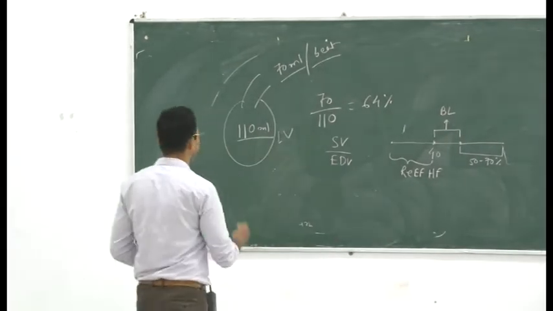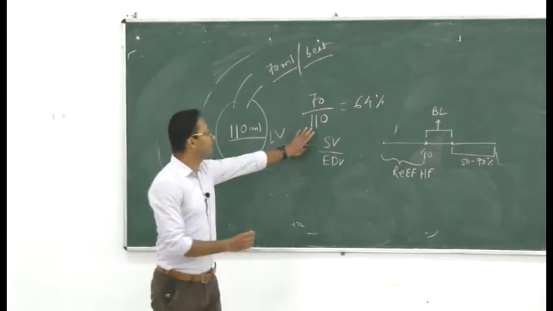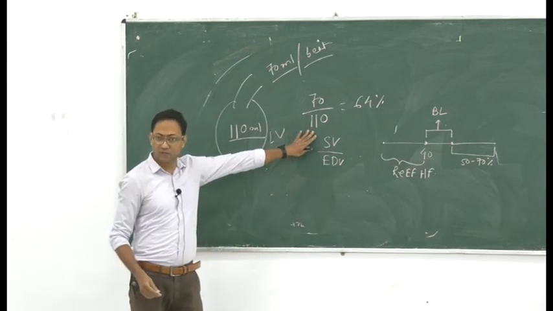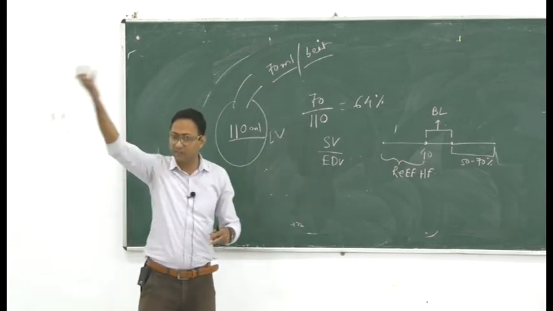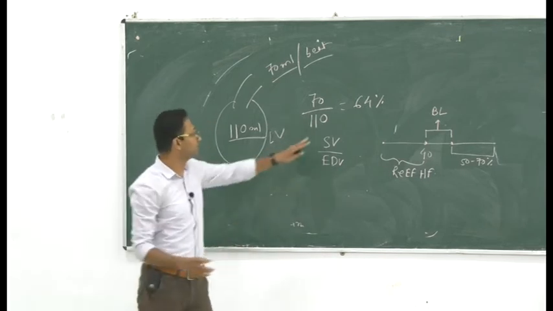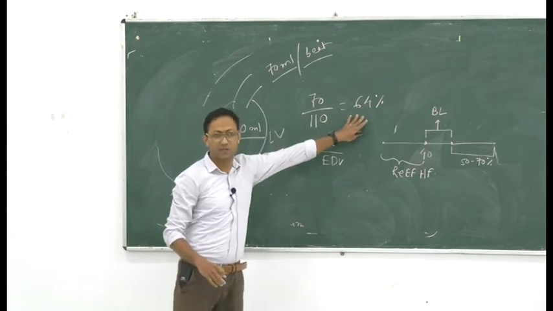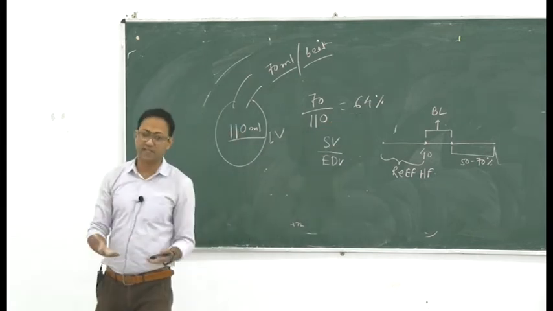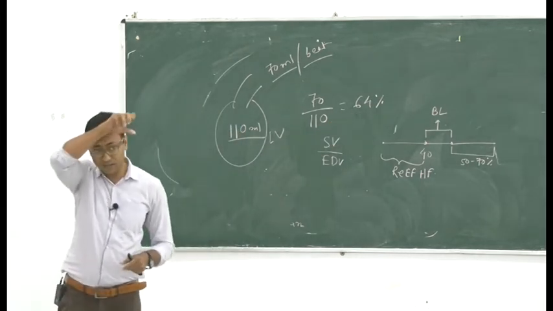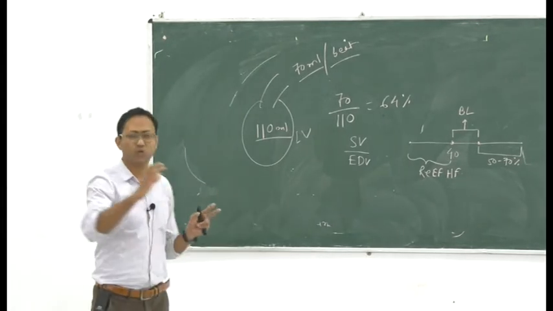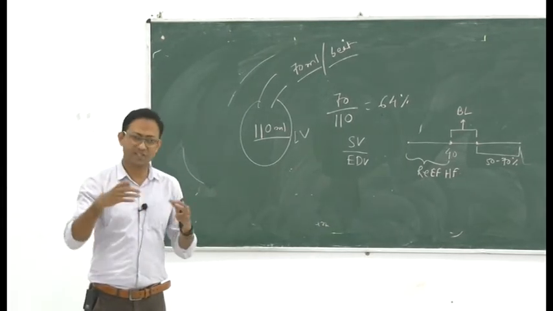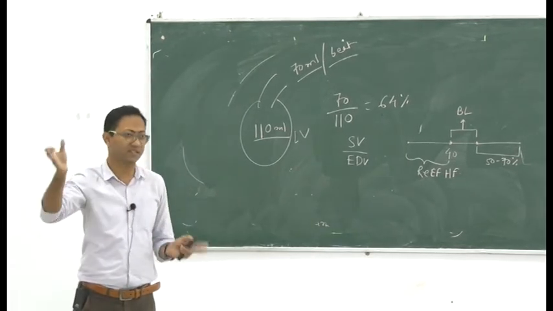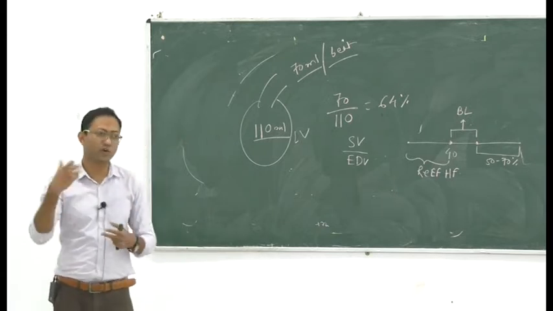See, in a normal healthy individual, 110 ml is the end diastolic volume, and out of it, 70 ml is ejected. So ejection fraction is 64%, correct? Now say your left ventricle is not pumping properly due to some pathology or disease.